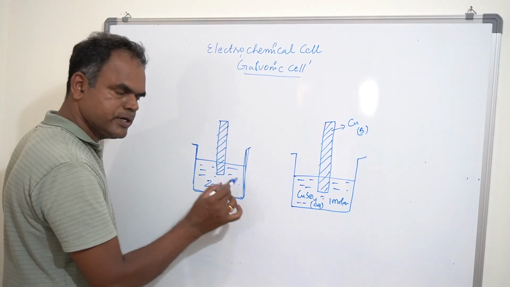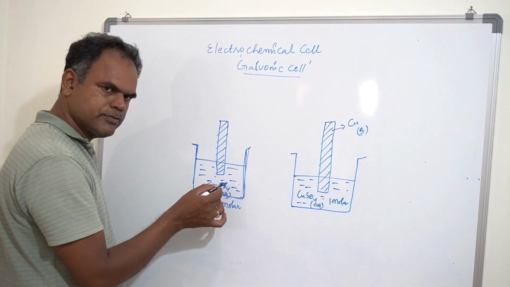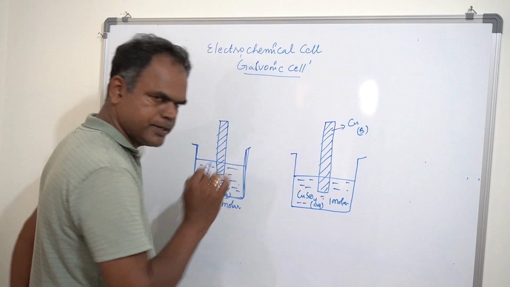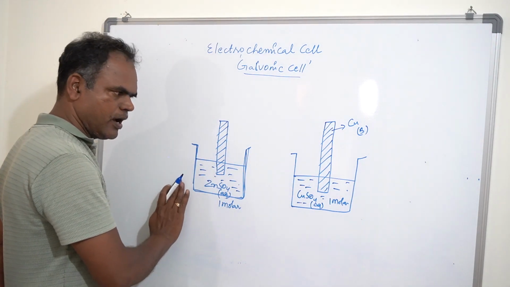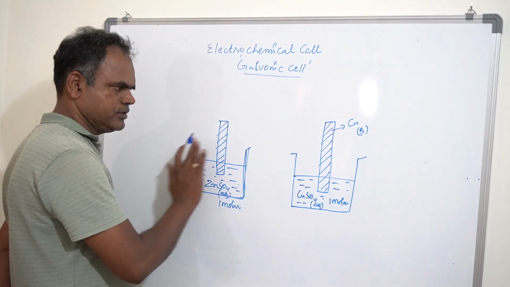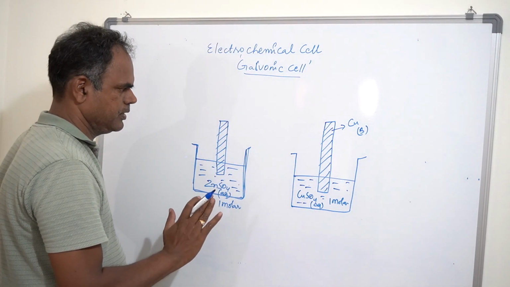So a solid-liquid interface is happening. That means the solid interacts with the liquid. And this is one half cell taken on the LHS, and this is another half cell taken on the RHS.